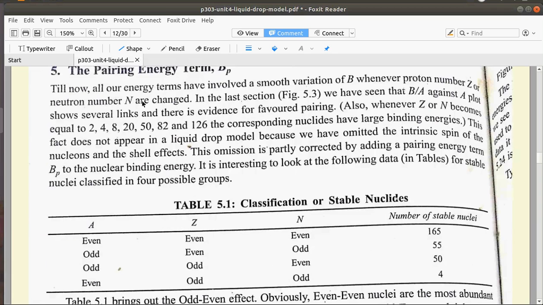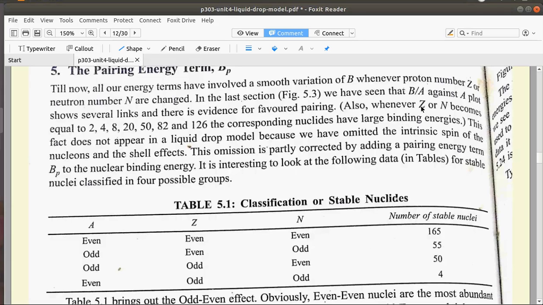Okay, till now all our energy terms have involved a smooth variation of B, whenever proton number Z or neutron number N are changed. In the last term we have seen that the B by A against A plot shows several kinks and there is evidence for favored pairing.